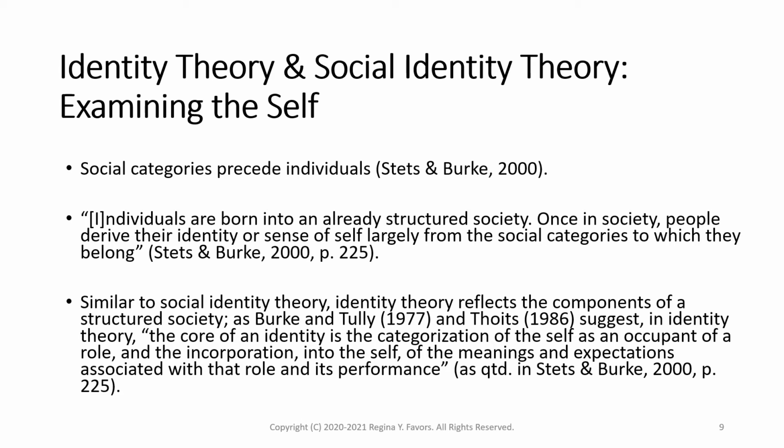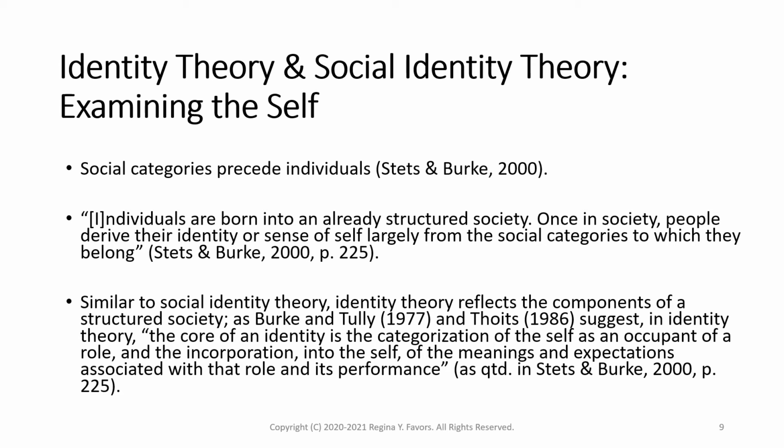So there is a sense of self within your own ethnic group or within your own gender-based group. And then there is a sense of self that you hold for your own identity. So similar to social identity theory reflects the components of a structured society.